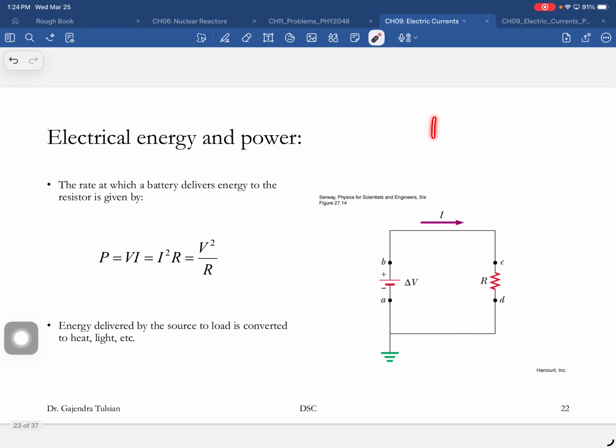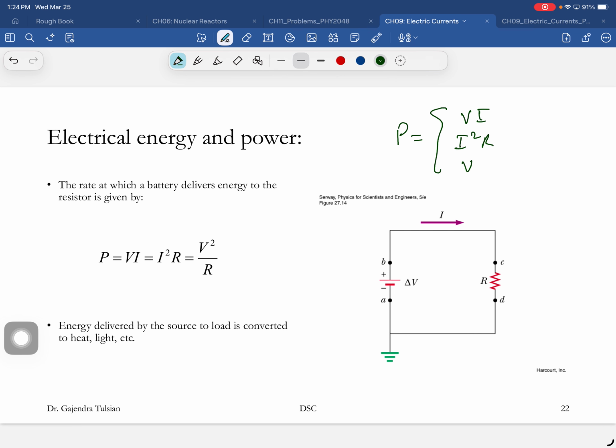So power is one of these 3 formulas: V I, I squared R, V squared over R. And you can go from any one of those formulas to any other using Ohm's law, V equals I R. So that's how they're all related.